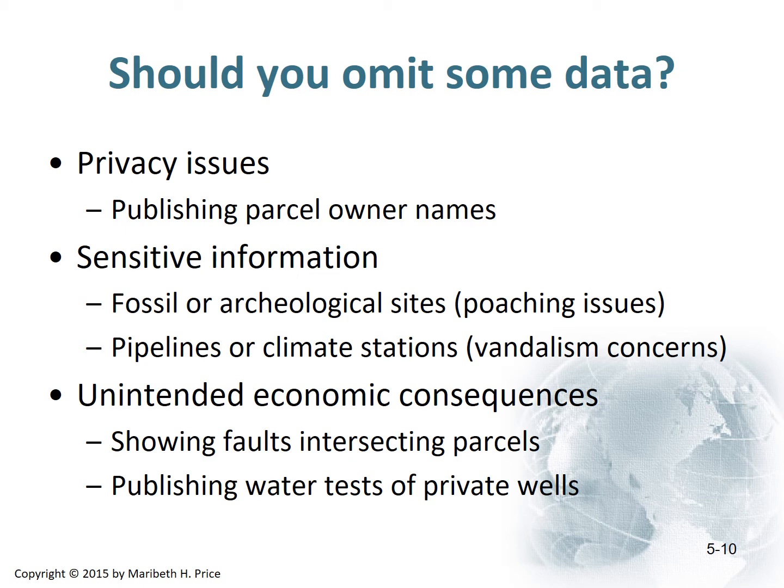Should you omit some data? This is always a good question. Sometimes there are privacy issues. Publishing things like parcel ownership names is important, and in some cases it's necessary. In other cases it is completely inappropriate. Sensitive information: every time they find a new giant T-Rex dinosaur somewhere in the desert, they never say where.